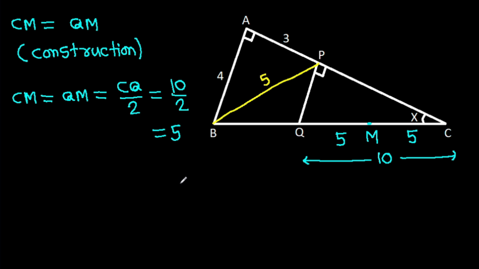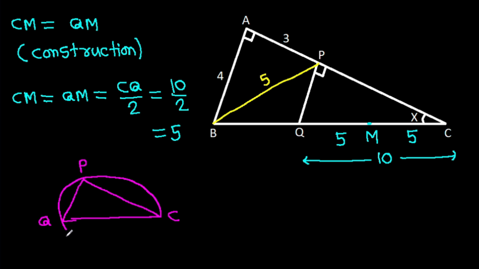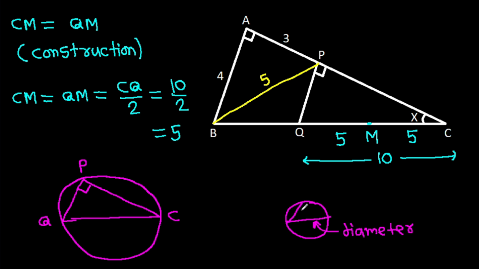And now in triangle CPQ, if we make a circle around the triangle, then angle CPQ is 90 degrees, and we know that in any circle, the diameter makes an angle of 90 degrees on the circle.